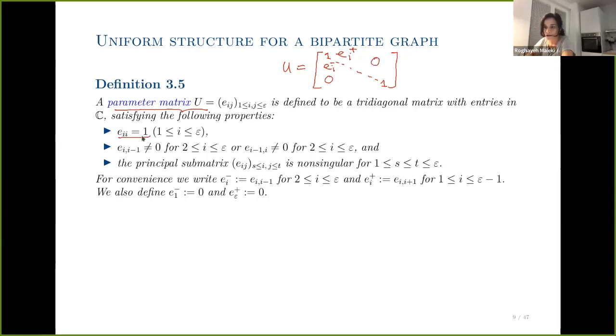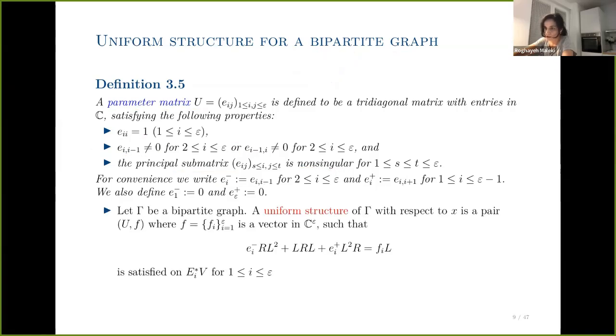So the entries e_i^- and e_i^+ are non-zero, and also the principal submatrix must be non-singular. So for convenience, as I showed you here, we denote this by e_i^-, this one by e_i^+, and we have these two extra conditions. So with this in hand, we can in fact define our uniform structure.